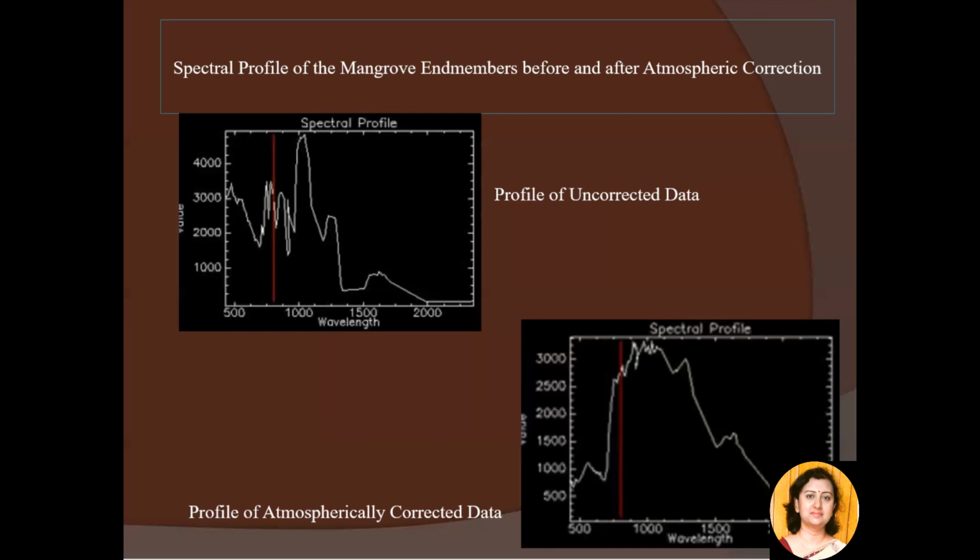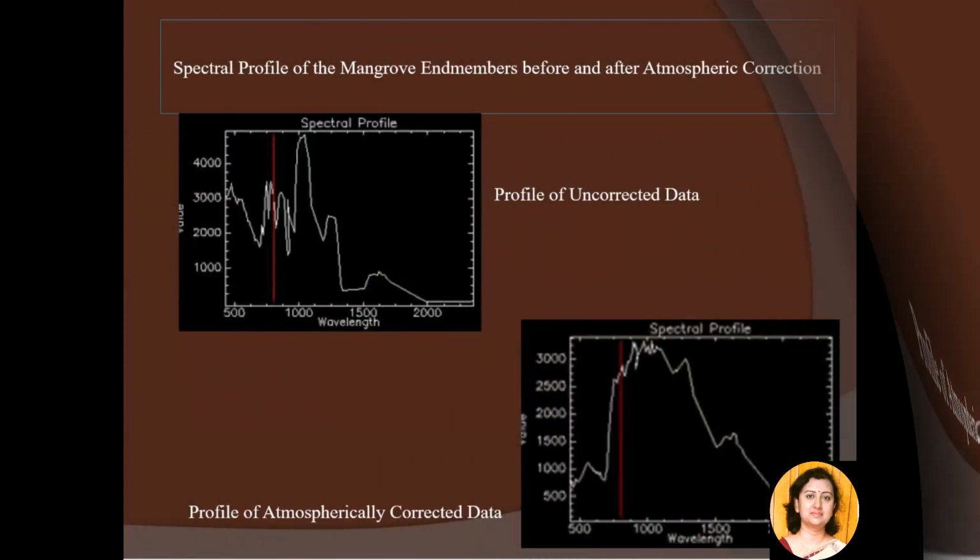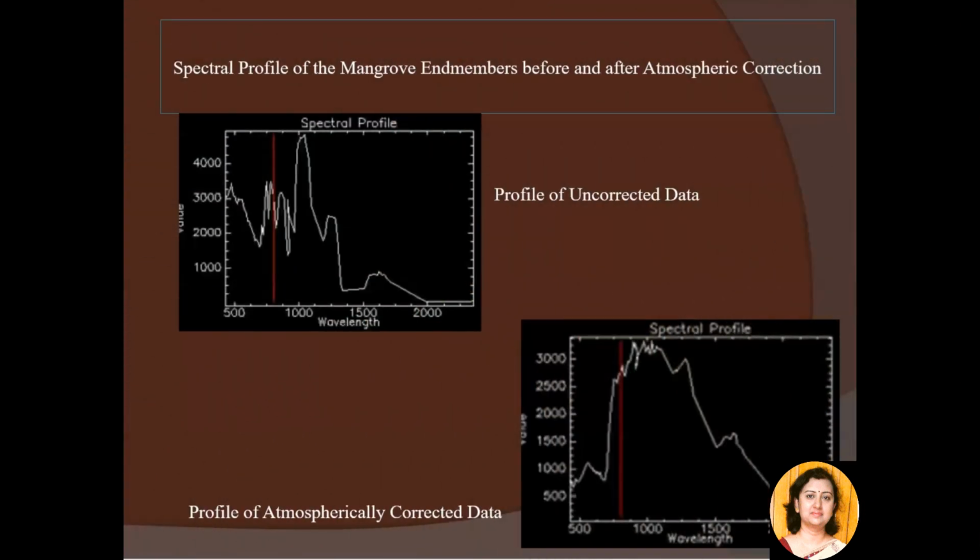The reflectance then rises sharply across the boundary between the red and near infrared wavelengths, which is primarily due to the interactions with the internal cellular structure of the leaves. So from this profile, we can observe the enhancement in the vegetation feature class after running the QAC correction module.